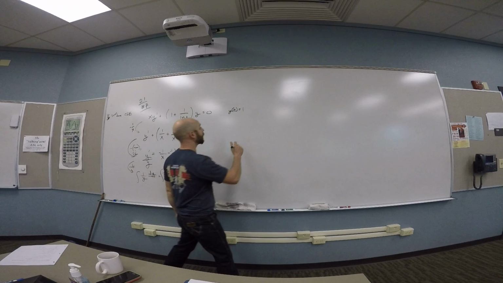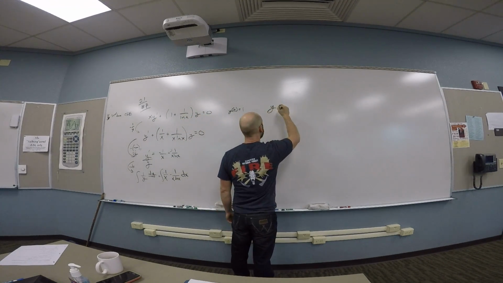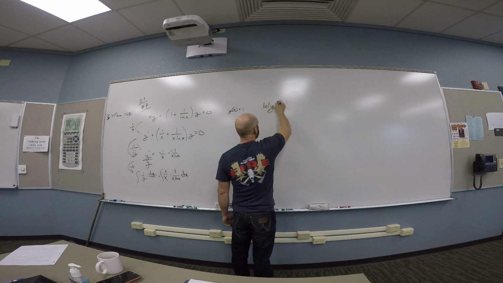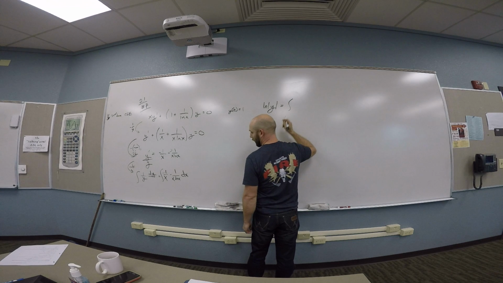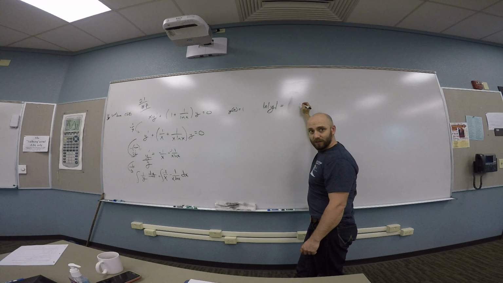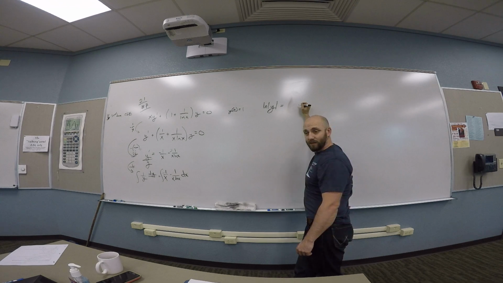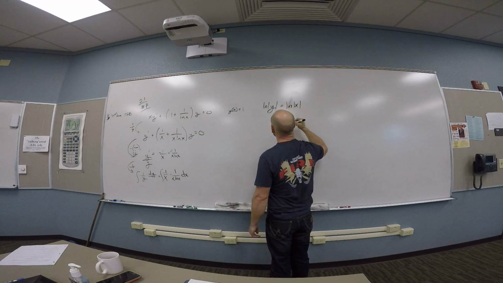So you got the natural log of the absolute value of y is the integral of... What's the integral of 1 over x? The natural log of x. Well, it'd be the negative natural log.